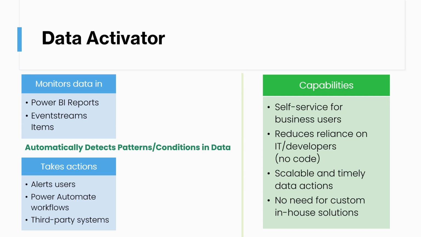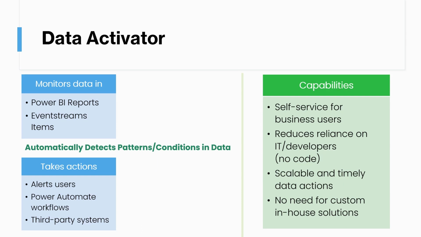Let's take an example of how Data Activator can be applied in the healthcare industry. Let's say we have a logistics company that manages the delivery of sensitive items such as medicine. We have our data set, with a column for the medicine and then the temperature. Let's say we want to see whenever the medicine is too warm.